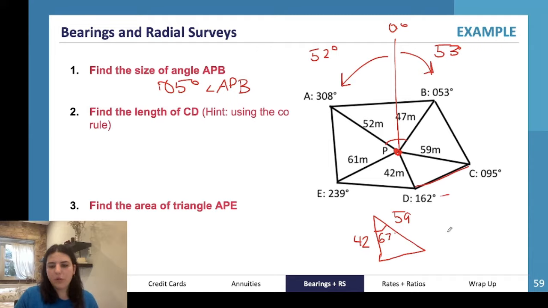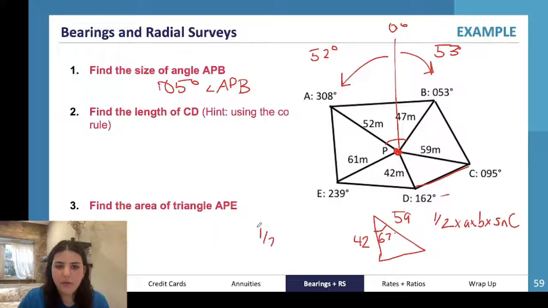So what we're going to want to do is find, well, the area of the triangle is half times A times B times sine C. So we can do that by using what we have here. We're not looking for the area, I'm reading ahead. We're looking for the length of CD, so we can just use the cosine rule.